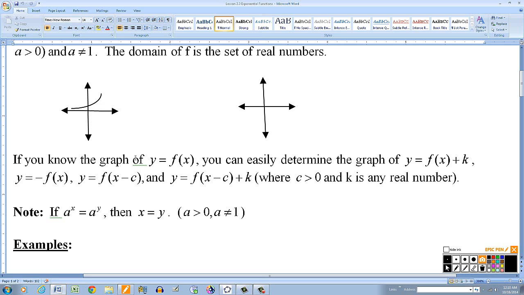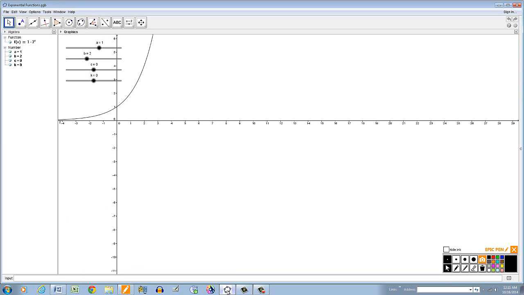Now I want to make this point clear, so let's look at this graph right here. This is the graph of y equals 2 to the x, or f of x is equal to 2 to the x. So just to show you, I have some parameters.